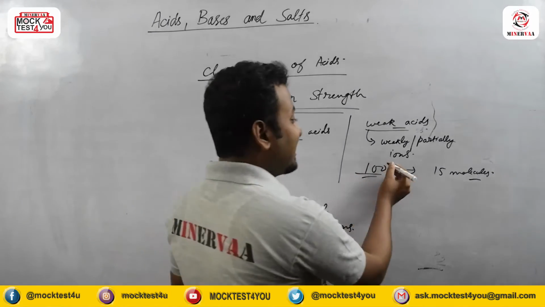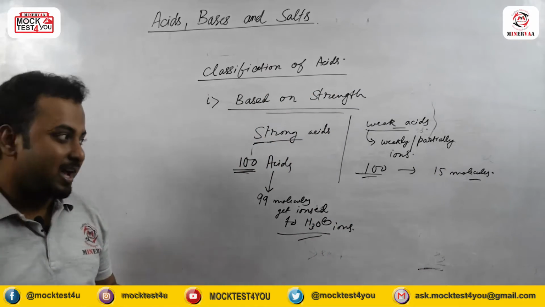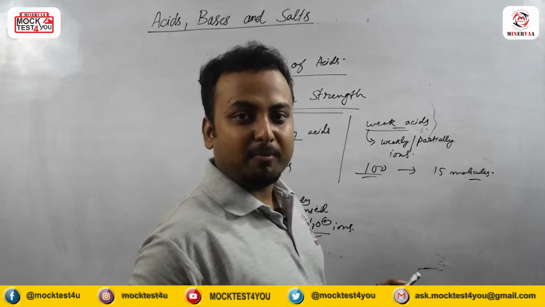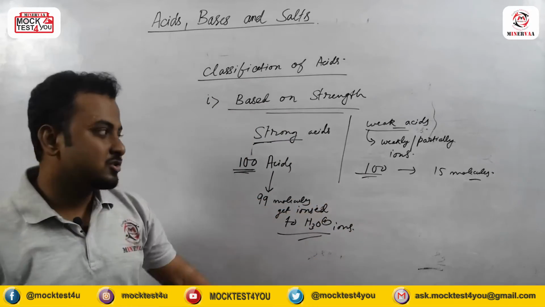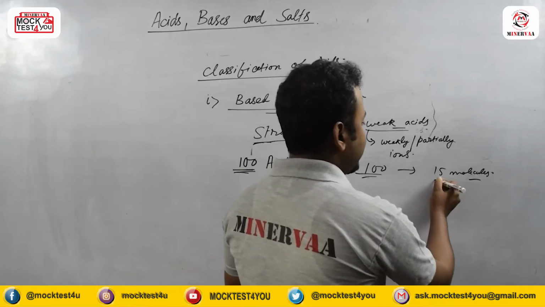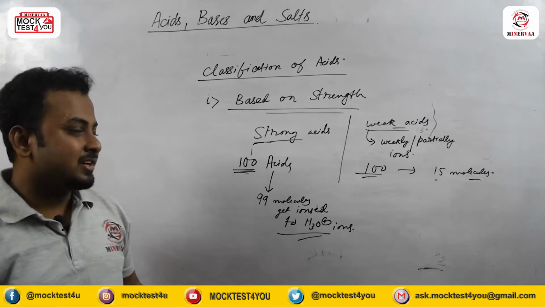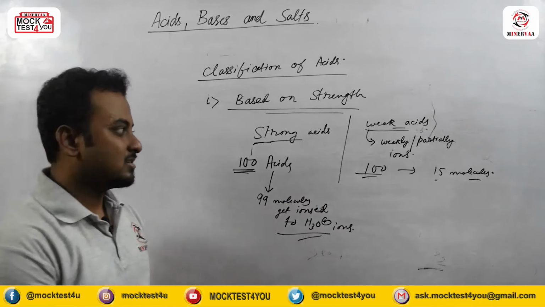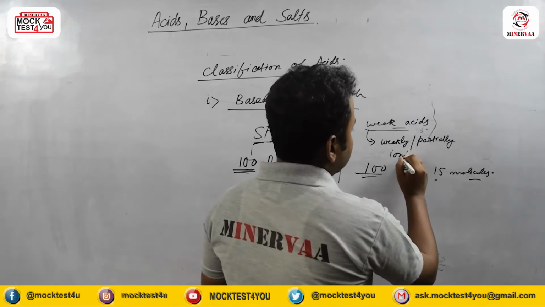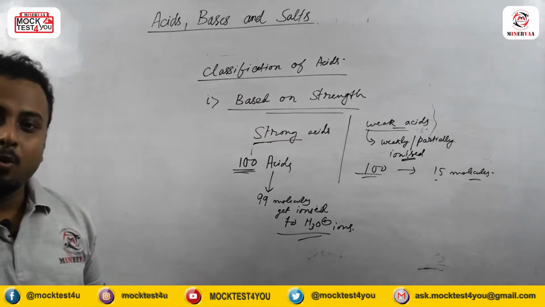If they are not forming H3O plus ions, they cannot show their acidic property. So they have to get ionized to show their acidic property. So when the degree or extent of ionization is very less, or when it is partially ionized, at that time the acids will be weak acids.